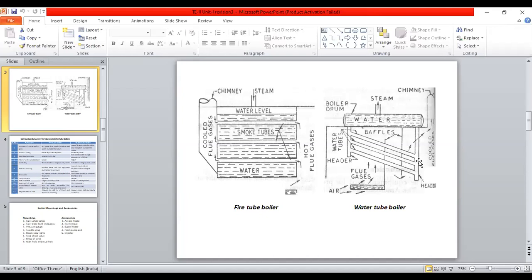The hot flue gases from the furnace are made to flow around the water tubes a sufficient number of times. The gases thus give up their heat to an appreciable extent, get cooled, and are discharged to the stack.